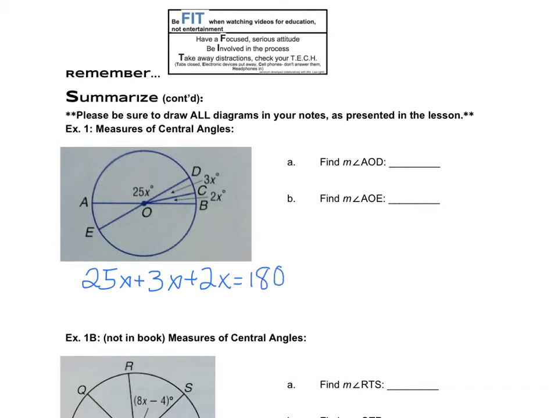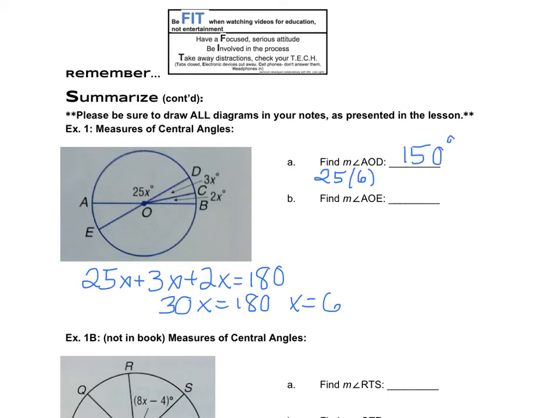If I add all those together, that's 30x equals 180, and so my x value comes out to be 6. So if I'm finding the measure of angle AOD, that angle is 25x, and we just found x to be 6. So we plug that in and we get 150 degrees.